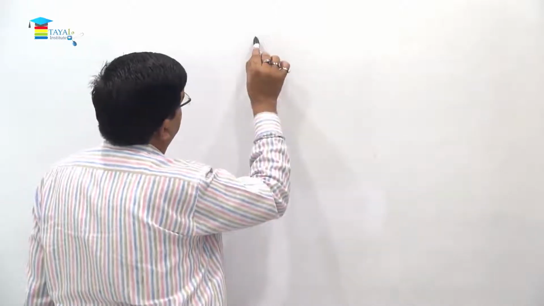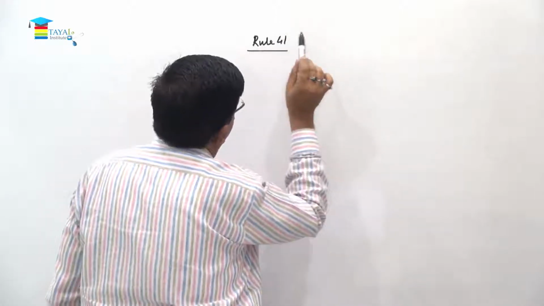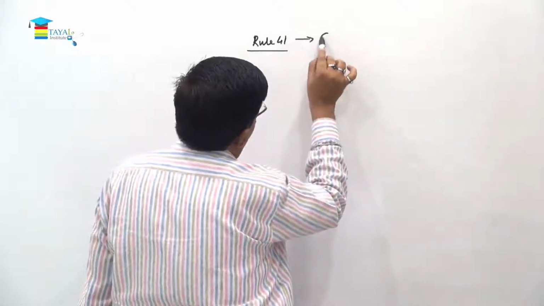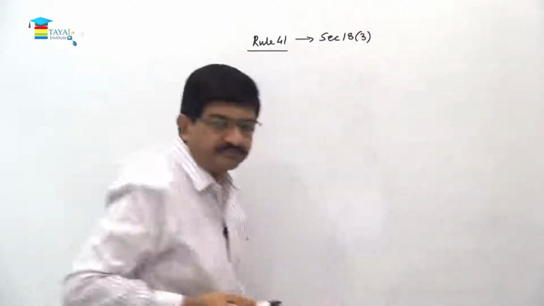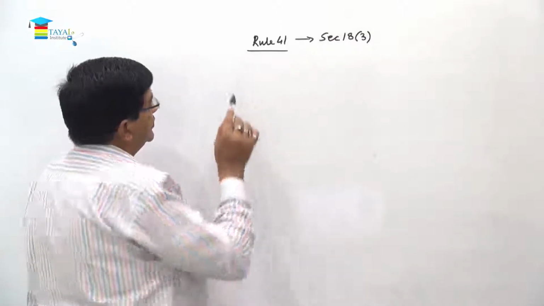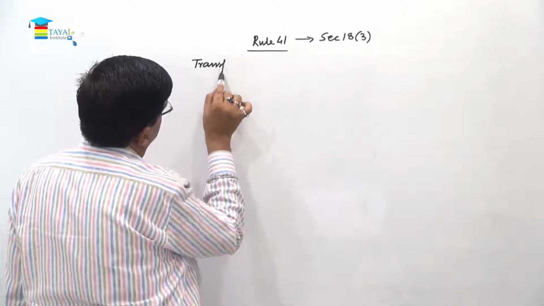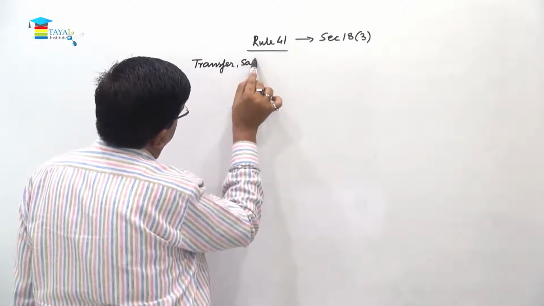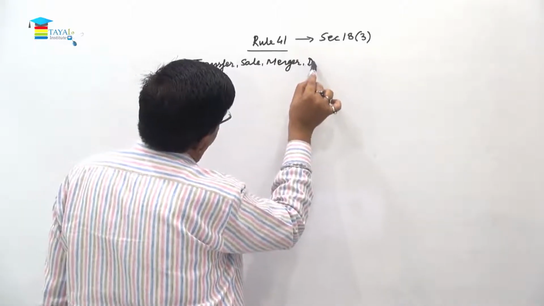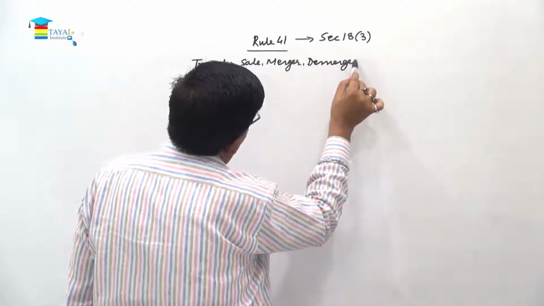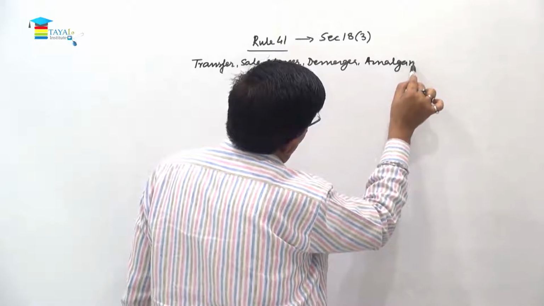So here we have rule number 41, and this is related to section 18 subsection 3. This is talking about transfer, sale, merger, demerger, amalgamation.